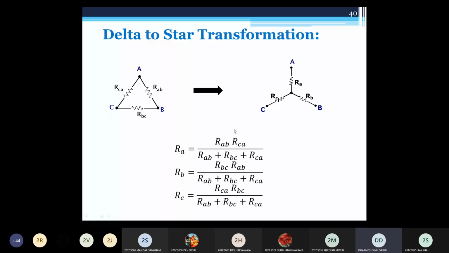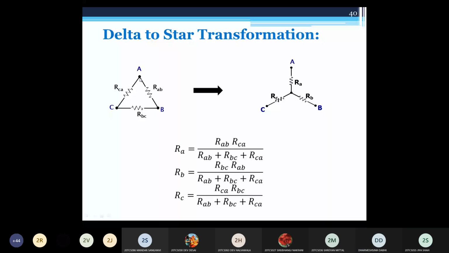For RA, find it from this delta connected point. Here we find the resistance of the A point, the RA branch resistance. In your delta connection, whatever resistances are connected at point A, multiply them first.